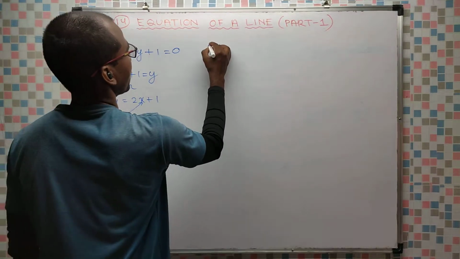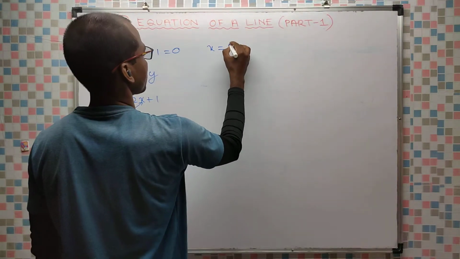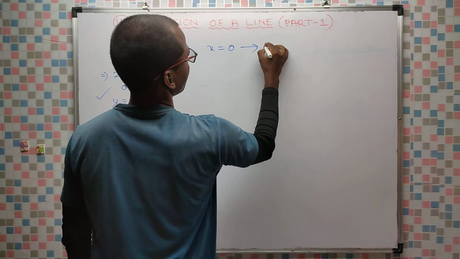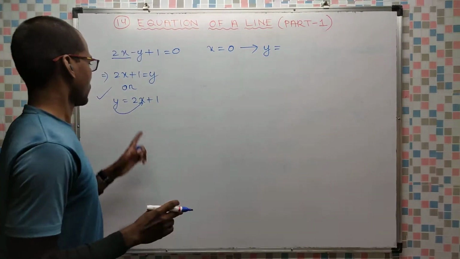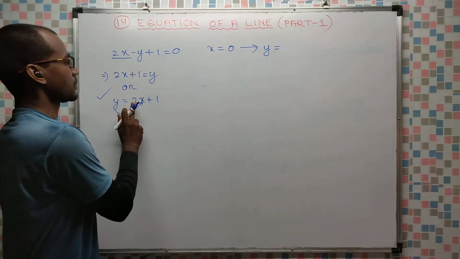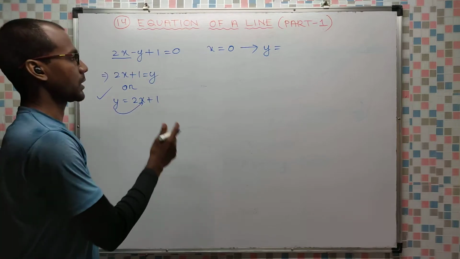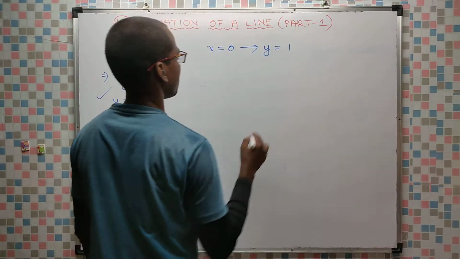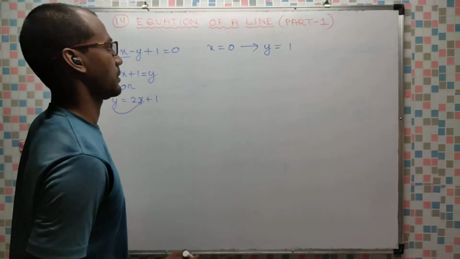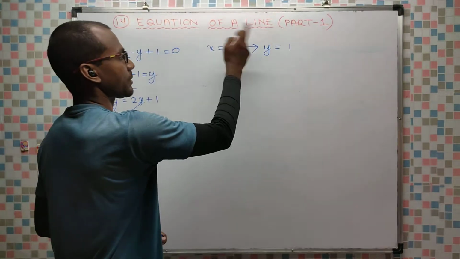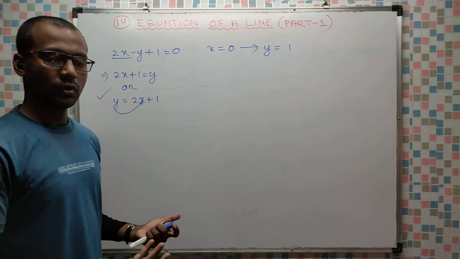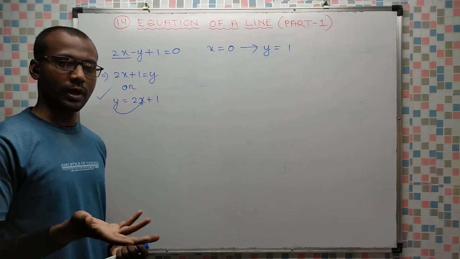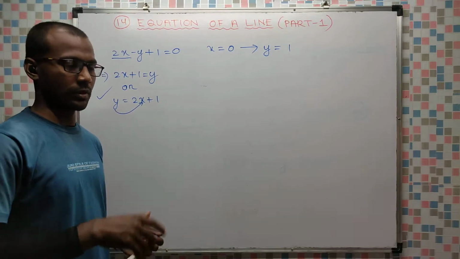So let x is equal to, randomly suppose I will take 0. So y will be equal to 2x plus 1. So 2 into 0, that is 0, 0 plus 1, that is 1. So when x is 0, y is 1. So you can see y depends on x. Randomly we took value of x and we got value of y depending on x.